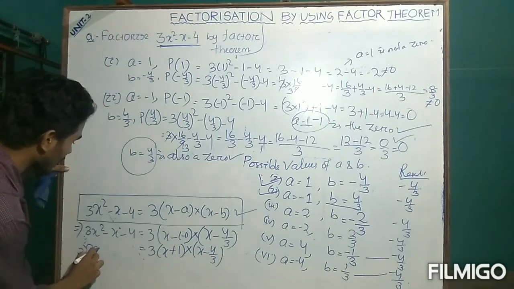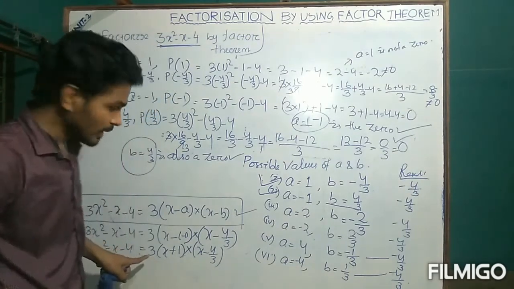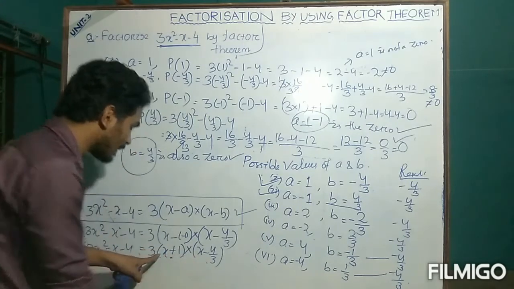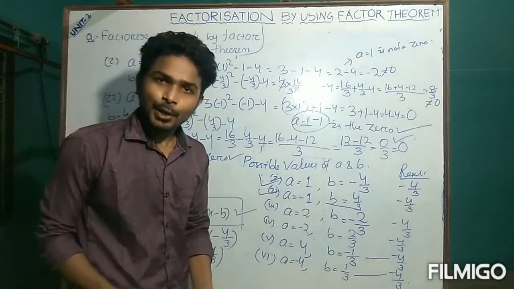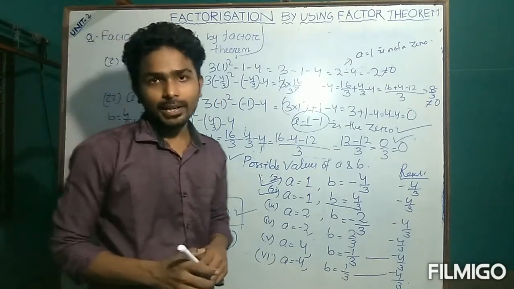So 3x square minus x minus 4 can be written as the product of two linear polynomials, that is x plus 1 and x minus 4 by 3. And our factorization is completed here.